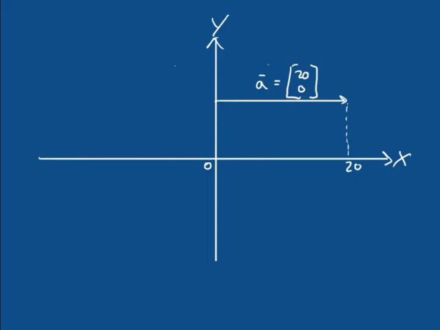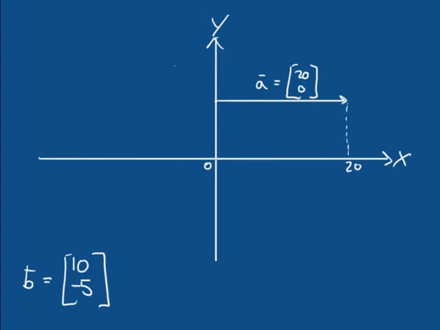Well, let's say we had some other vector. Let's say I had a vector b, and that vector was equal to, I don't know, let's pick 10 and minus 5. What would this look like in our Cartesian space? Well, it's a vector that's traveling 10 units in x, and when it's traveled 10 units in x, it's also traveling minus 5 units in y.